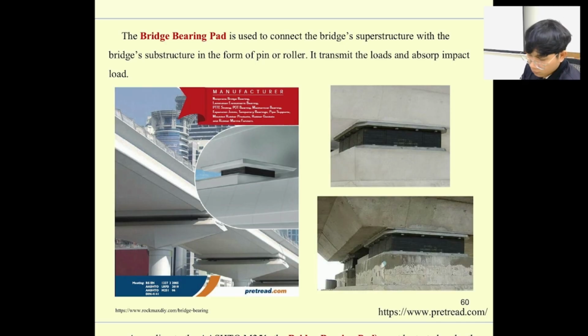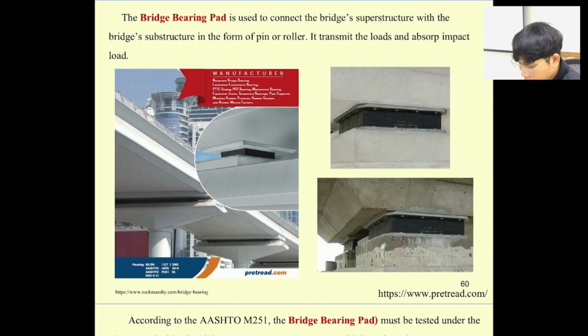Next, one material that is really close to us, but we may not see it much because it's under the bridge. When we construct the bridge, we cannot use a steel plate to put it. For example, if we don't have the bearing pad over here, when you brake your car or the motorcycle on the bridge, it's going to produce some shear stress to your support.